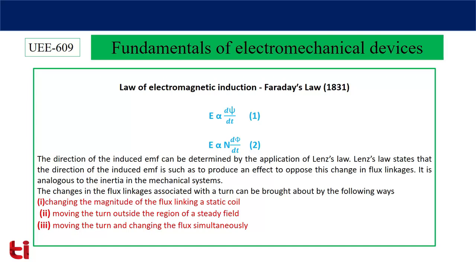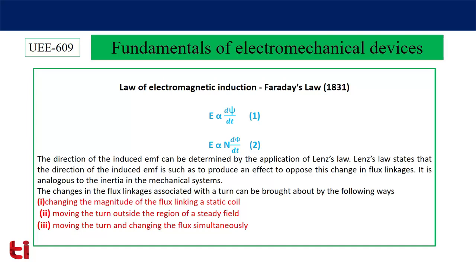First of all, we have to understand how the flux linkages associated with the coil can be changed. There are three ways. The first case we already discussed in the case of the transformer, where we kept the coil stationary and changed the strength of the magnetic field.